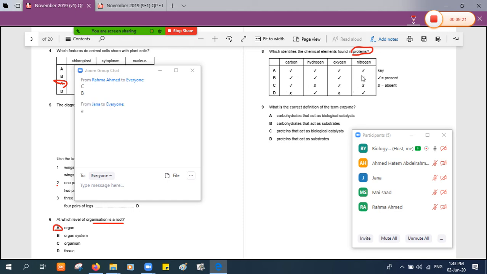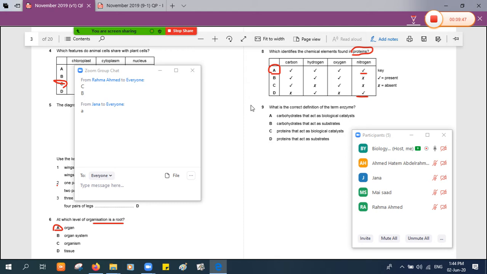So I will compare between A and D. I will see here he put an X for oxygen, of course not. So yes, Jana, your answer is correct. It will be A because the oxygen is present and carbon is present too. But in D, the carbon is not present, and this is of course not true.